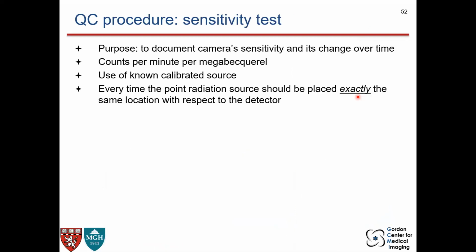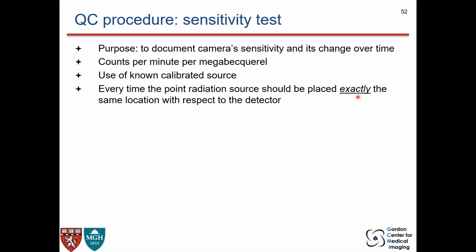And there is a sensitivity test, and the purpose again is to document the camera sensitivity and its change over time. It's not an extremely important test compared to resolution and energy peaking, but medical centers do this type of test every now and then, and it's very useful when the manufacturer's representatives come over to change or upgrade the system.